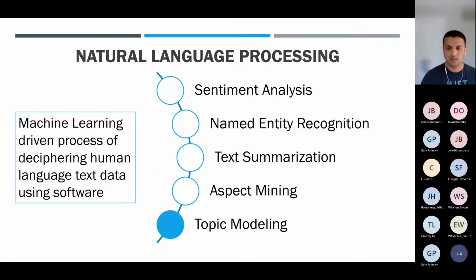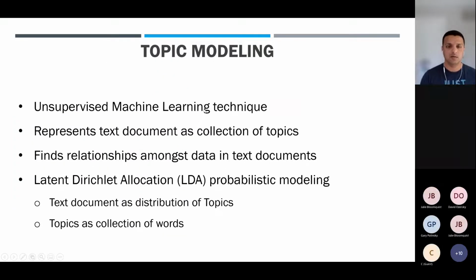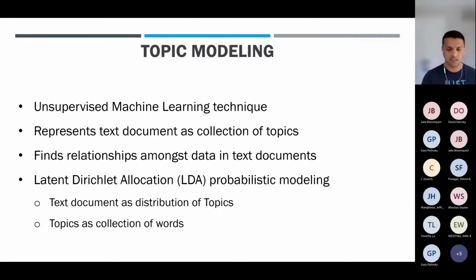Let's drill down into topic modeling. Topic modeling is an unsupervised machine learning technique. What we mean by unsupervised is there are two broad families of machine learning techniques. The more commonly used is supervised, where you show a machine learning model 10,000 pictures of cats.